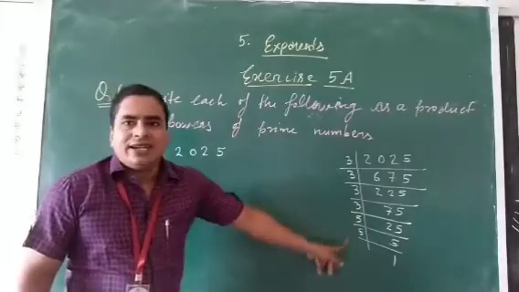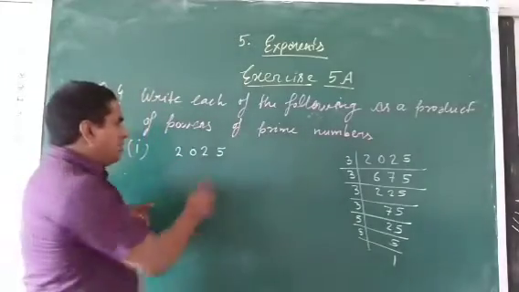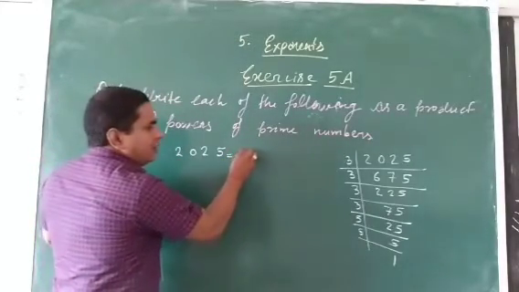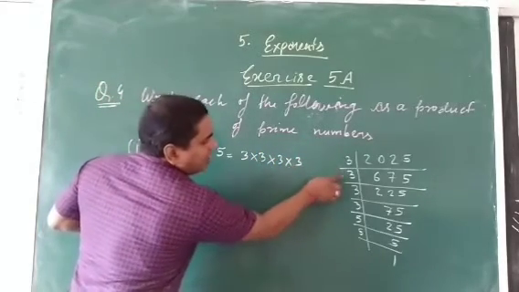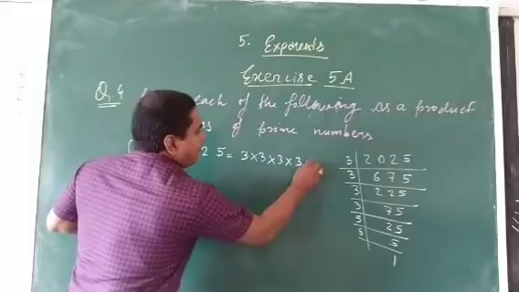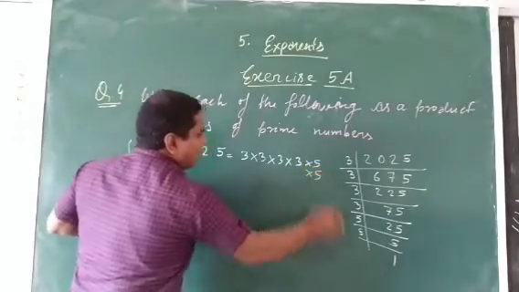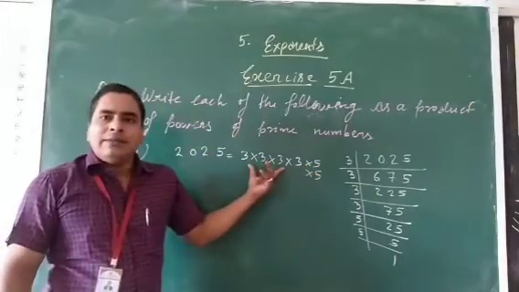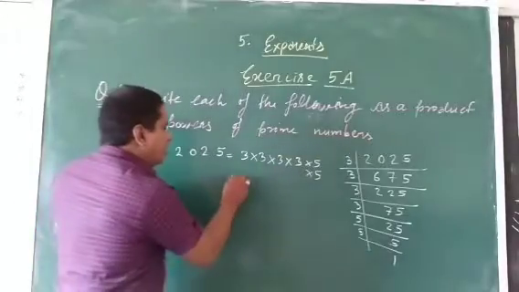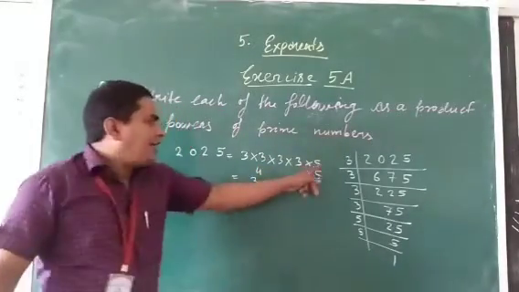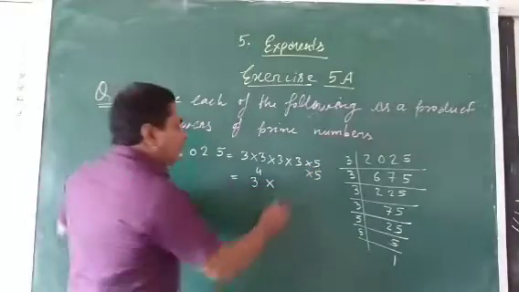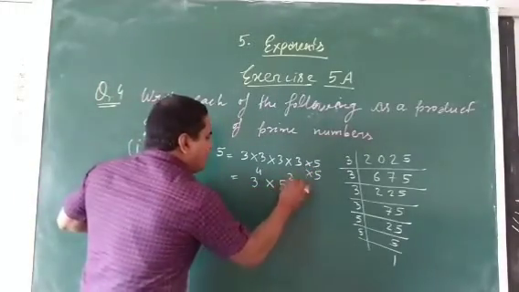So this is the prime factorization of this number. Write this prime factorization: 3 into 3 into 3 into 3, that is 1, 2, 3, 4, then 5 into 5. Now here 3 is multiplied by itself 4 times, so it becomes 3 raised to the power 4, into 5 multiplied by itself 2 times, so 5 raised to the power 2.